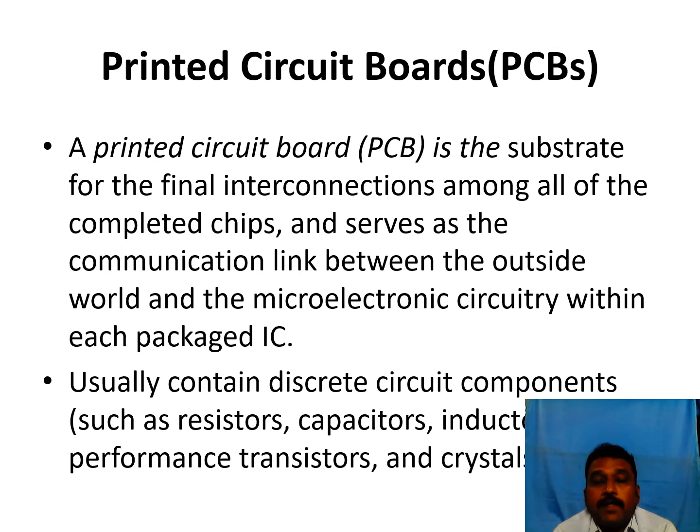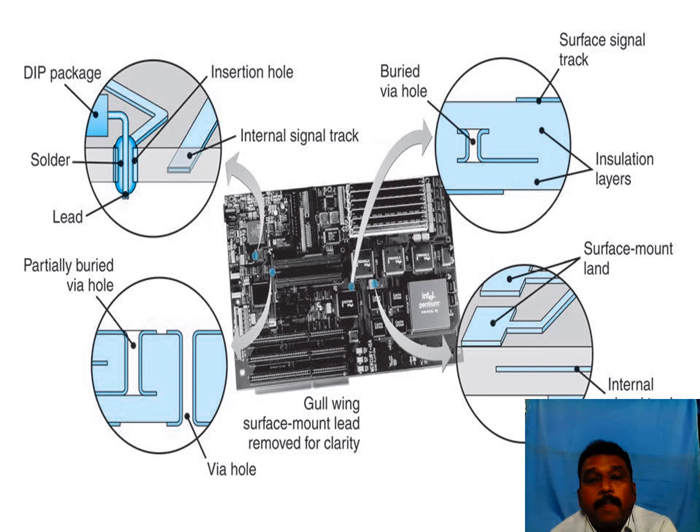So usually they contain the discrete circuit components like resistors, capacitors, inductors, high performance transistors and crystals. All these things are made into a single board, that is called the printed circuit board. You can see the diagram, the photograph. So this is the actual PCB.